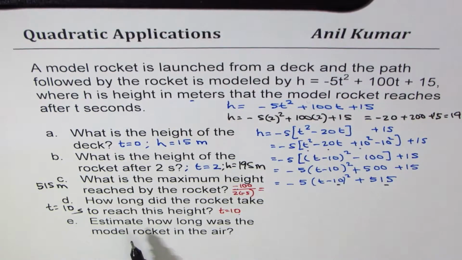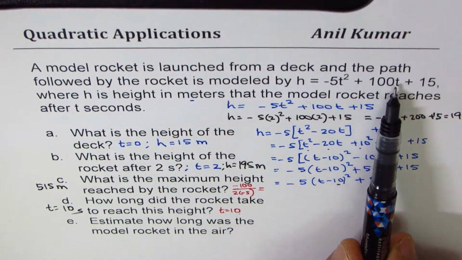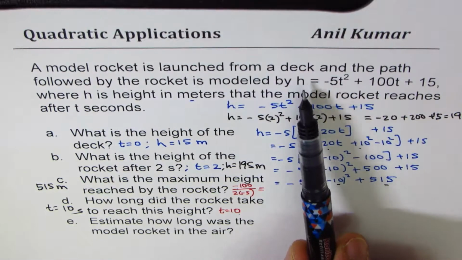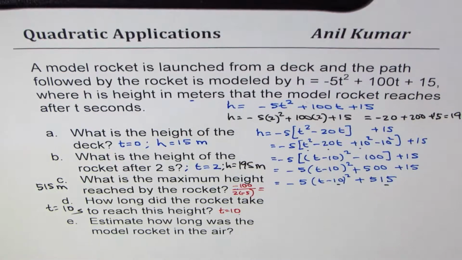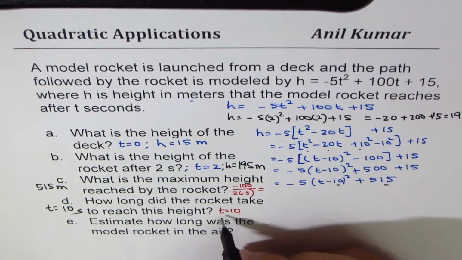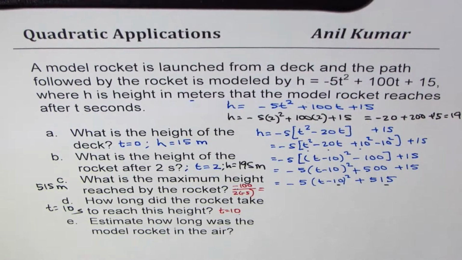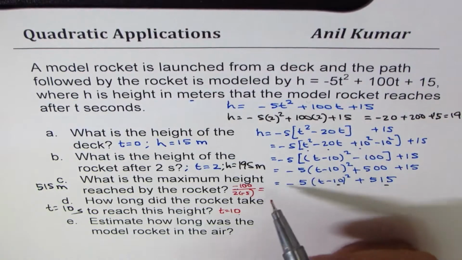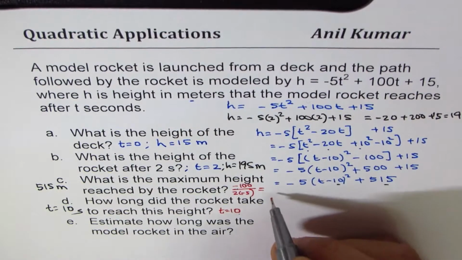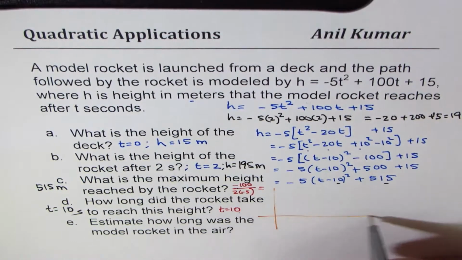Now the last question is, estimate how long was the model rocket in air. Now to do this estimate, we have to find when will it land, or when will the height be 0. Now, since we are estimating that it takes 10 seconds to reach the top, strictly speaking, the path will be kind of like this.